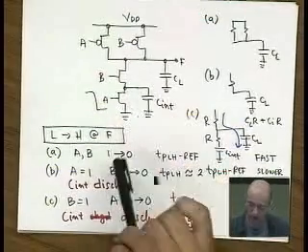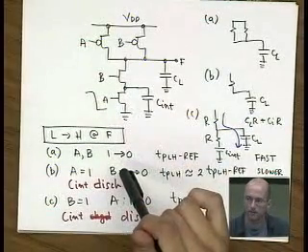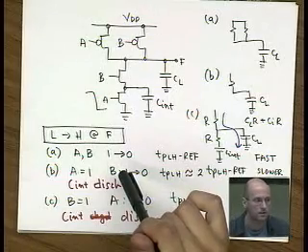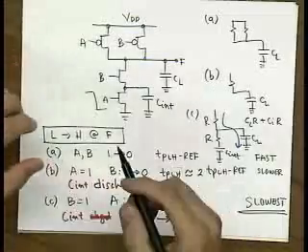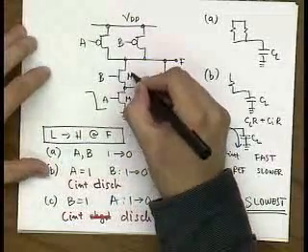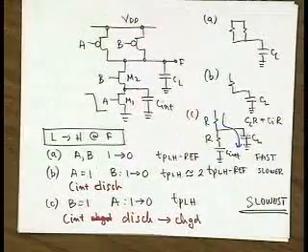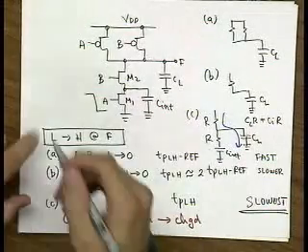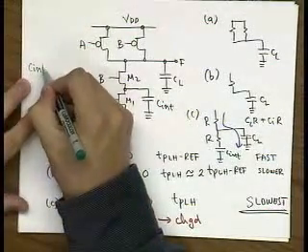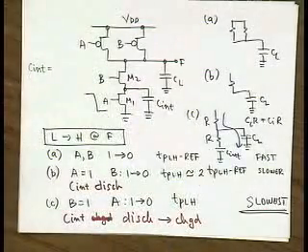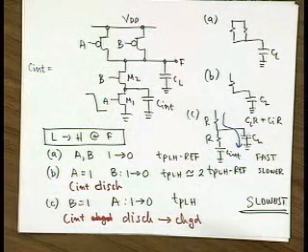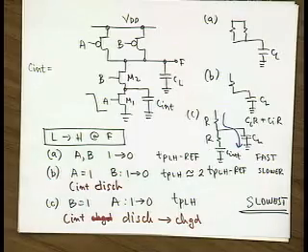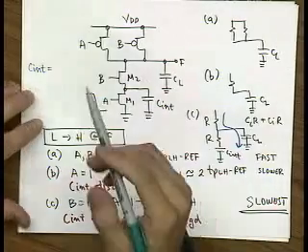By the way, what's the value of this intrinsic capacitance? Where is it coming from? Ideas? Let's say that this transistor is M1 and this transistor is M2. Let's see what C intrinsic is equal to. What are the capacitive components that factor into it? Okay, drain body, that's one.